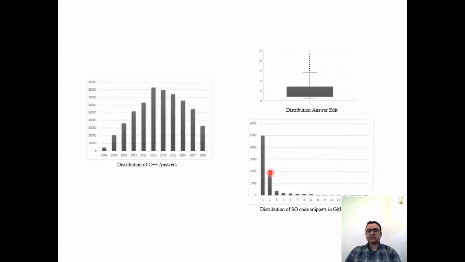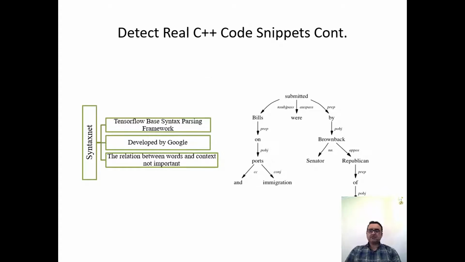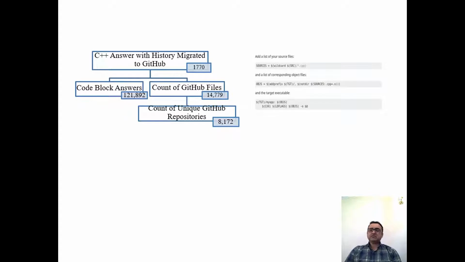If you look at the distribution of C++ answers, you see this distribution, and this is the distribution of Stack Overflow code snippets in GitHub. We used SyntaxNet because some of the extracted code snippets were like this, not actual code snippets.